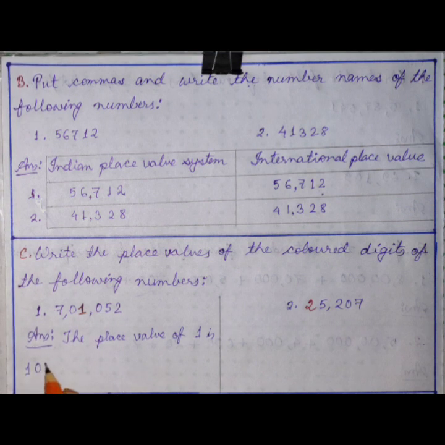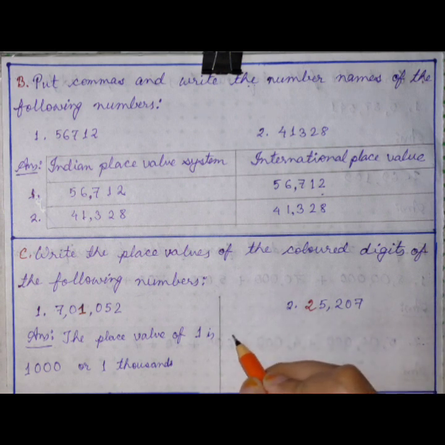It is 1,000, right? Or we can write 1 thousands, right? Now moving to the second question.